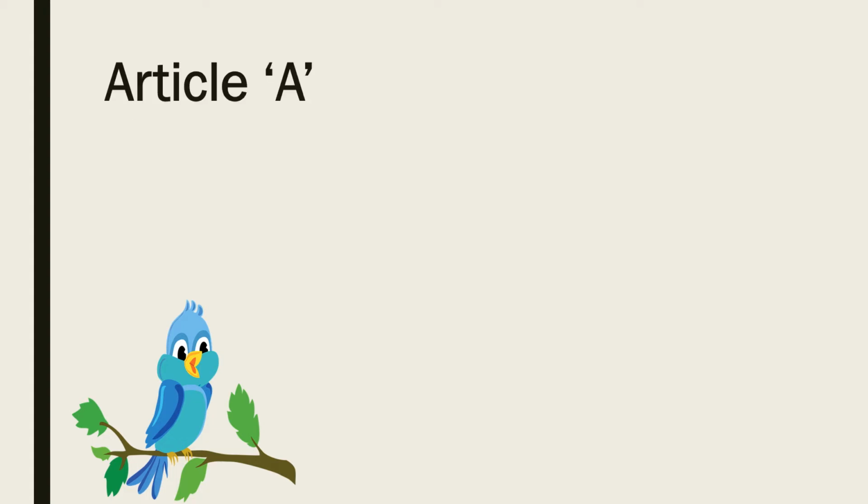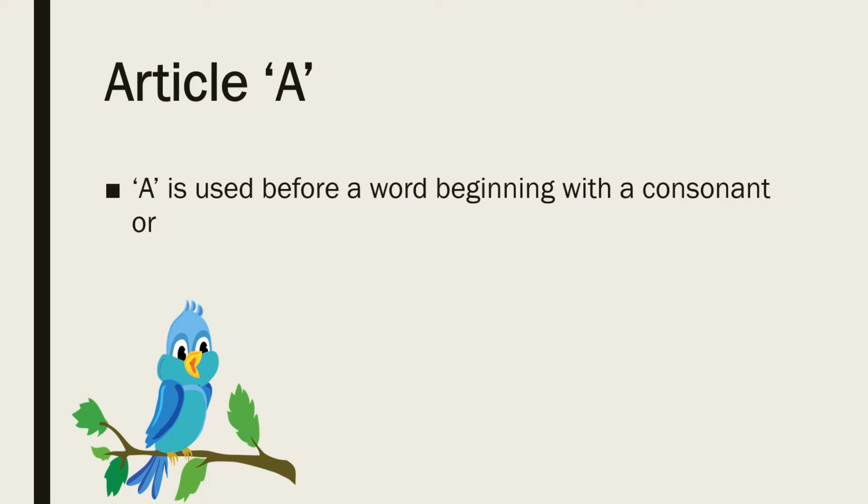Now article a. A is used before a word beginning with a consonant or having a consonant sound. So where will we use a? We will use a before a noun or a word which starts with a consonant or has a consonant sound.